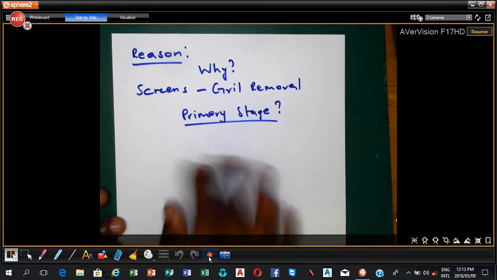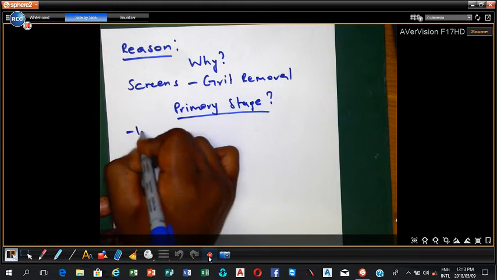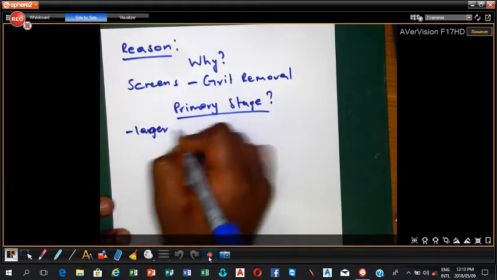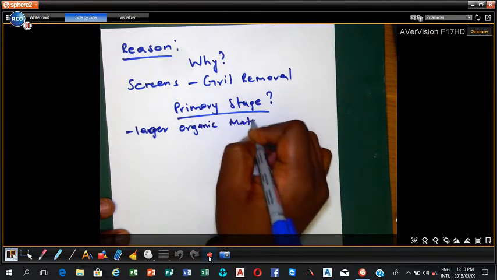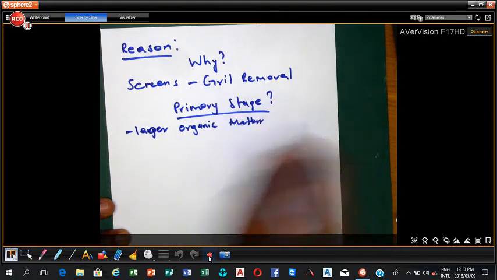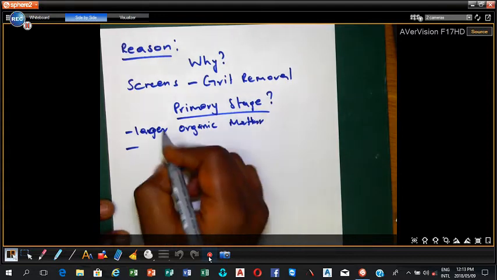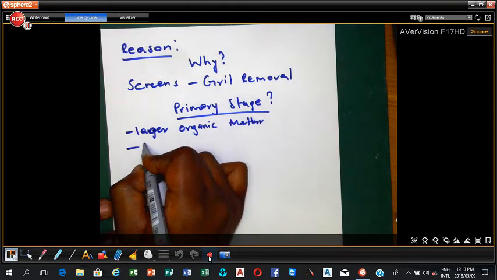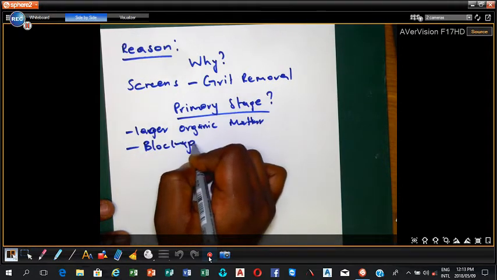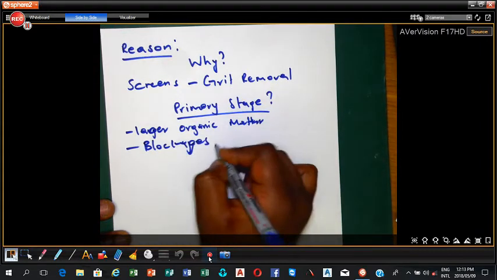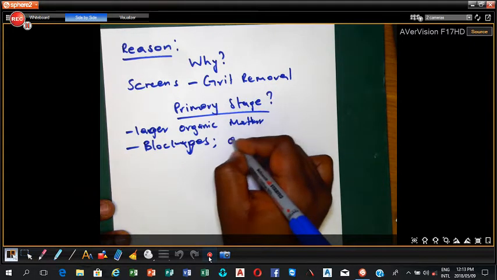Number one, if you do not have the screens, that means there will be larger organic matter entering your system. Once you have larger organic matter entering the system, you anticipate blockages. There will be possibilities for blockages, and also possibilities of abrasion.